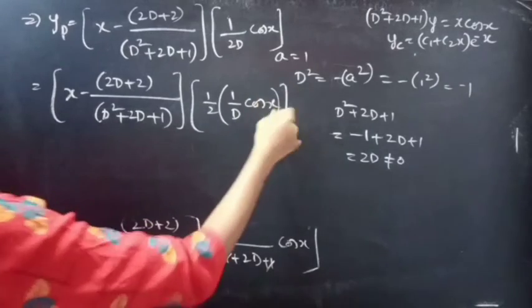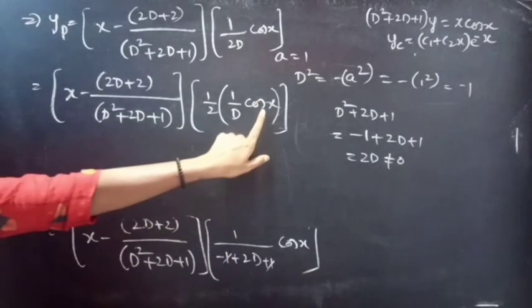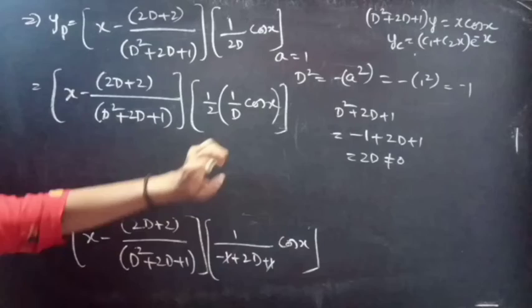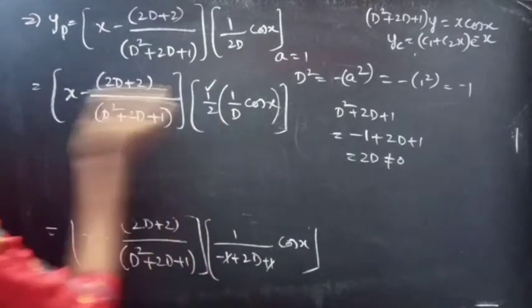The next step, we'll find the integral of cos x, since 1/D is an integral operator, and take this 1/2 constant outside.